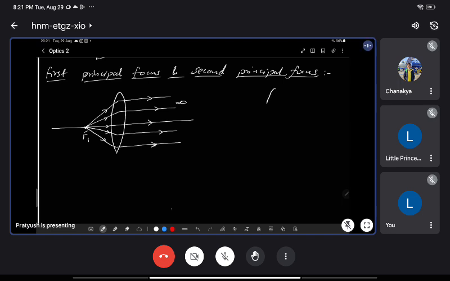Similarly, what will be the second principal focus? Second principal focus will be a point at which the rays of light coming parallel from infinity actually meet, the point at which they will actually converge.